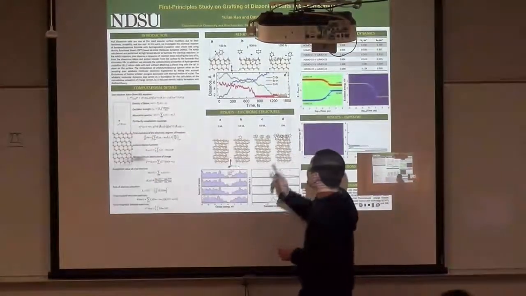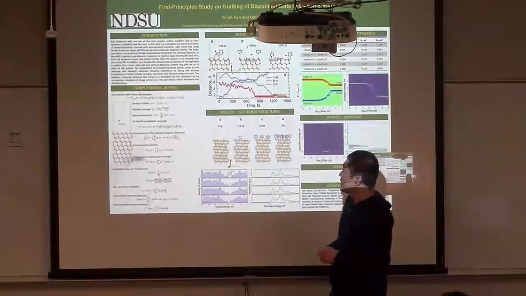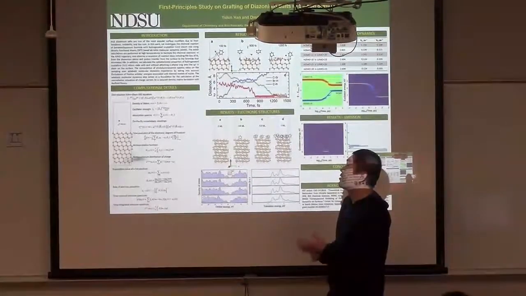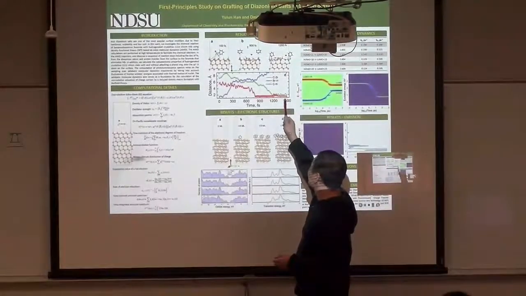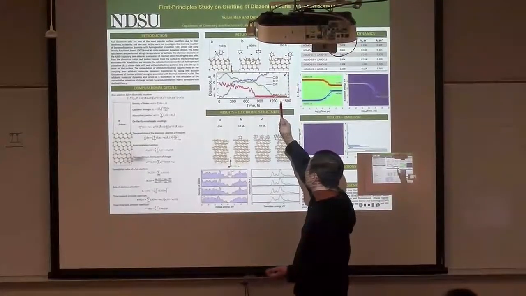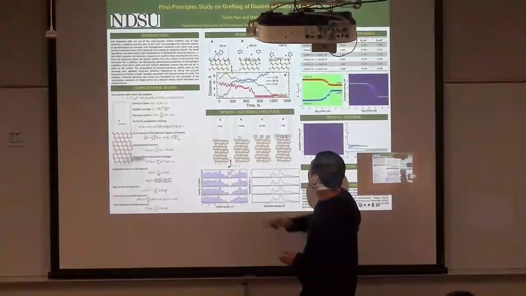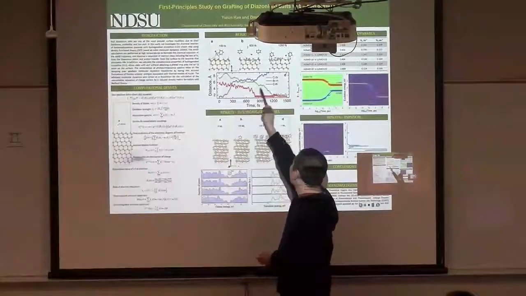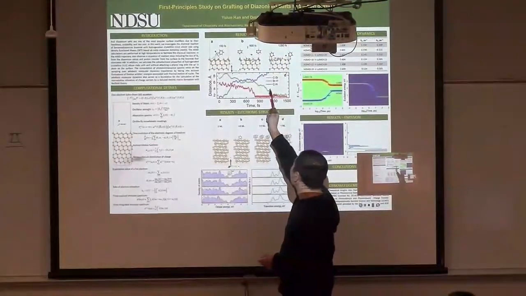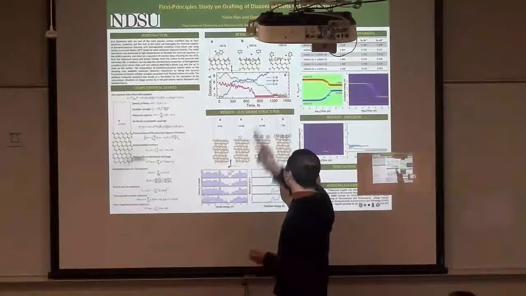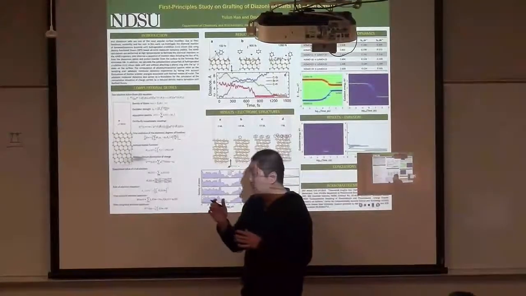First I do ab initio molecular dynamics at high temperature, at 2000 Kelvin. This graph shows interatomic distances along the trajectory. The blue is the carbon-nitrogen bond, the red is the bromine-hydrogen bond, and the green is the carbon-silicon bond.